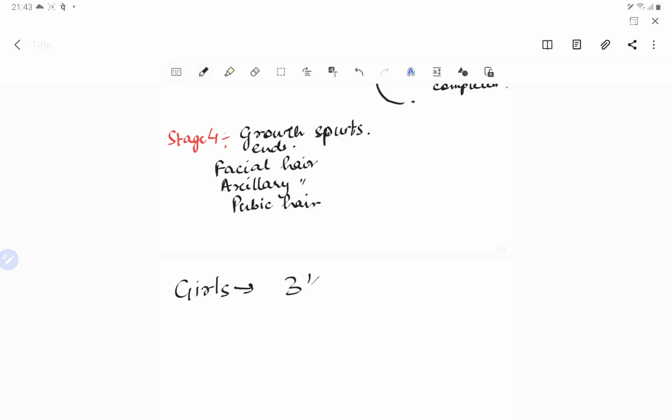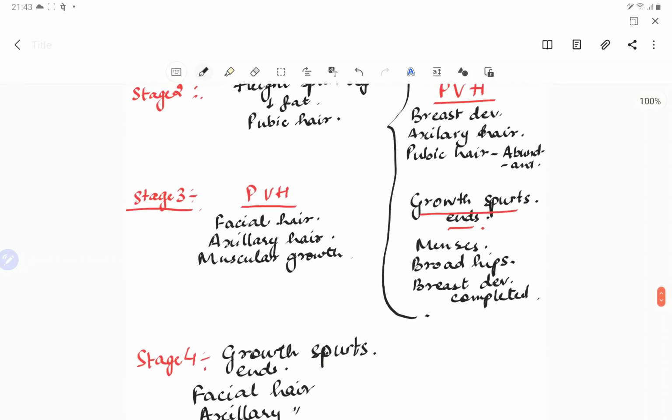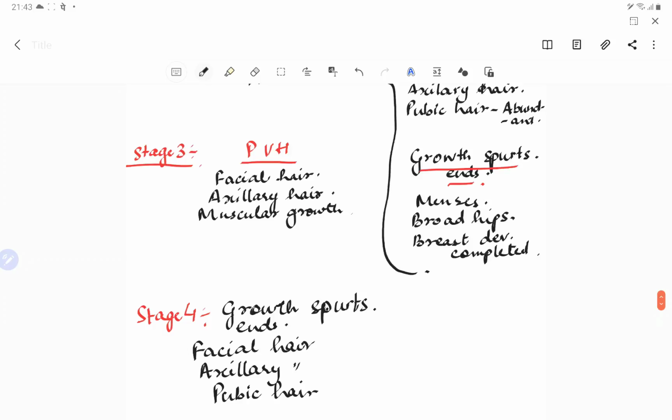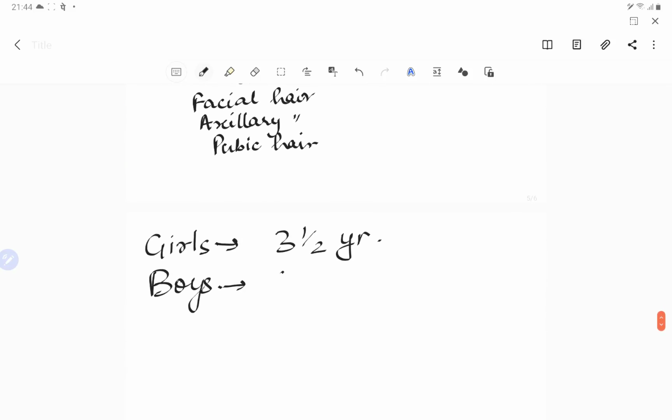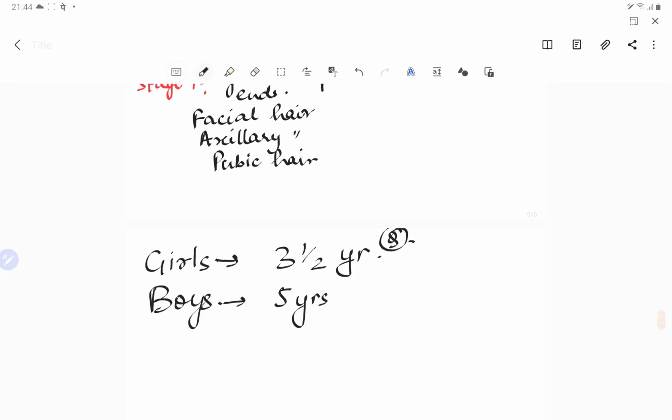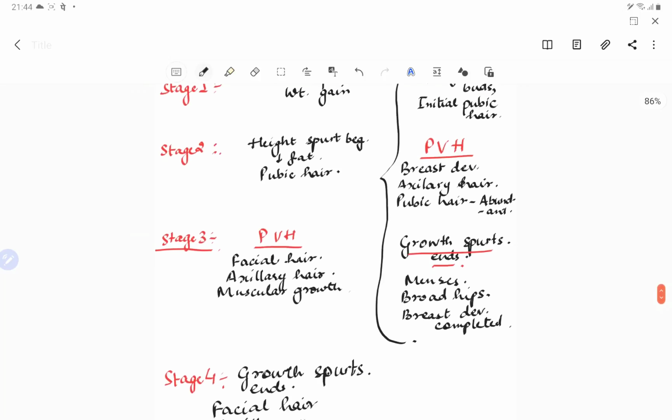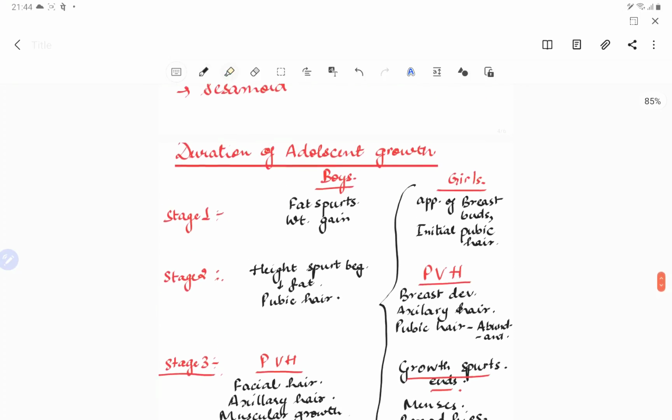But for boys it is till stage 4, stages 1, 2, 3 and 4. The growth spurts end at stage 4 for boys, so that is 5 years. So this is the duration of the adolescent, and a few important points in the duration of the adolescent.